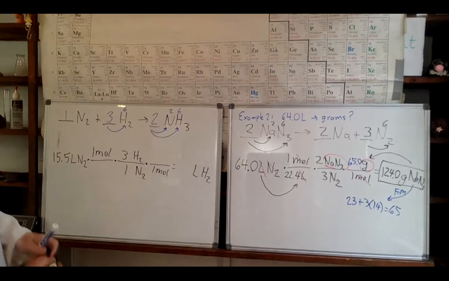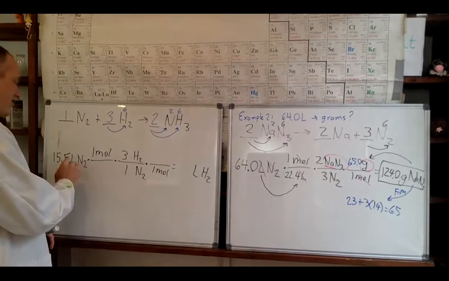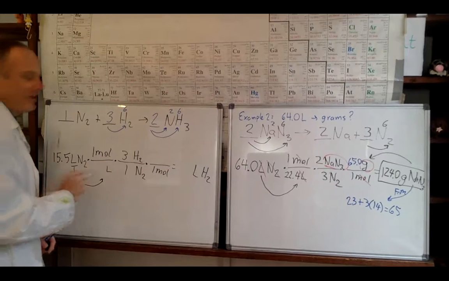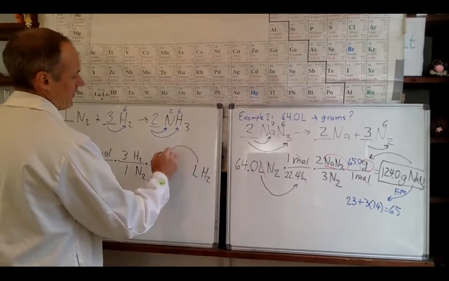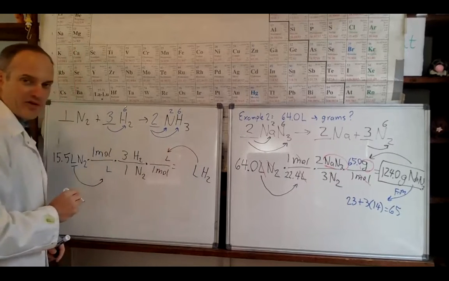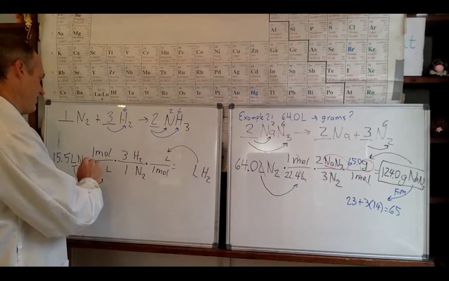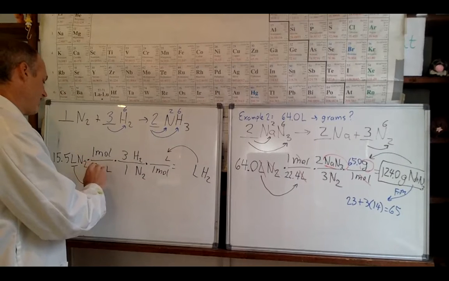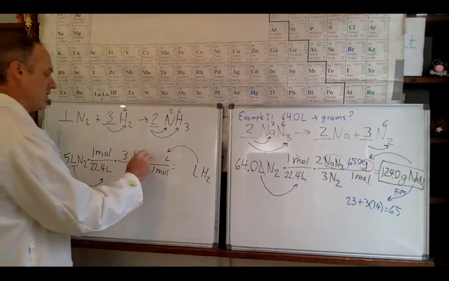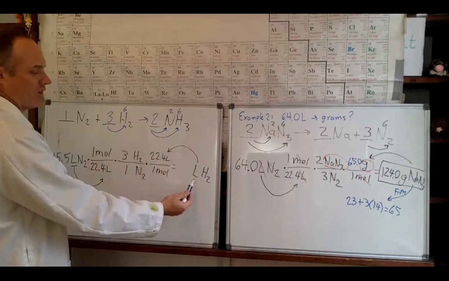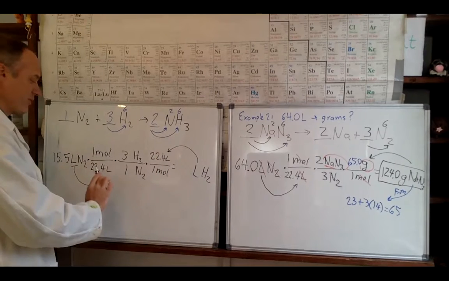All right, and then because this is liters, we will need liters down here, and because this is liters, we need to convert to liters there. Are you seeing what the problem is here? All right, so we have 22.4 and 22.4 because we want liters for our answer, and we're starting with liters on this side.